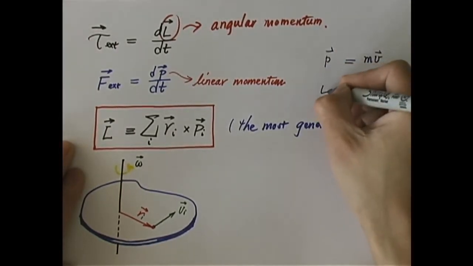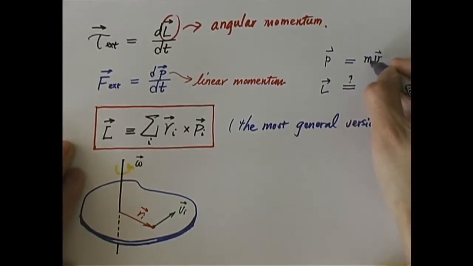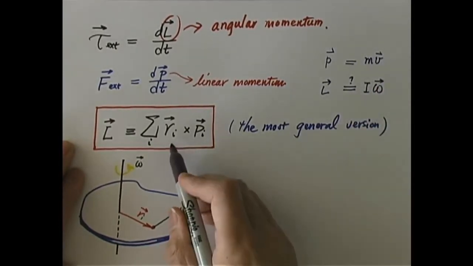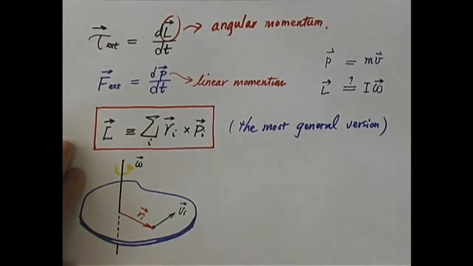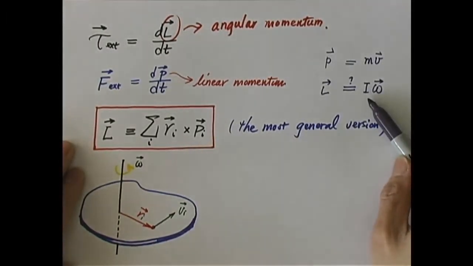Now shouldn't L, if you believe the analogy, m becomes what? I, right? And v becomes what? Omega, right? Shouldn't it be equal to I times omega? And this looks totally different. It's r cross p, which is totally different. Okay, so the question is, when can this general expression reduce to something we expect out of analogy, that is I times omega?